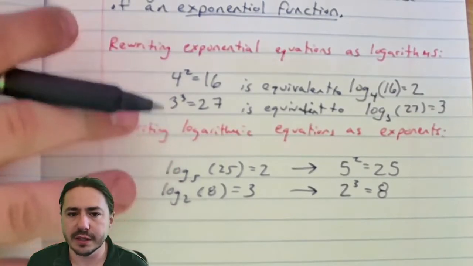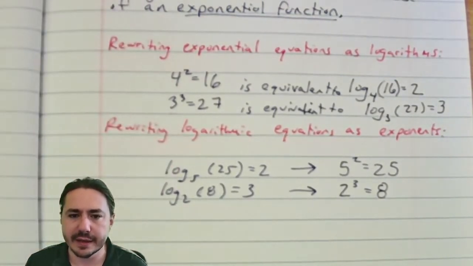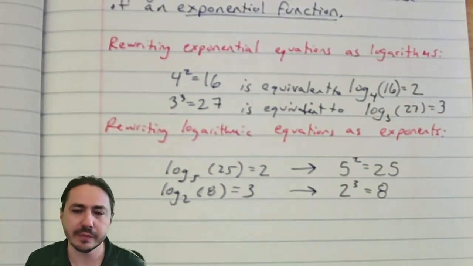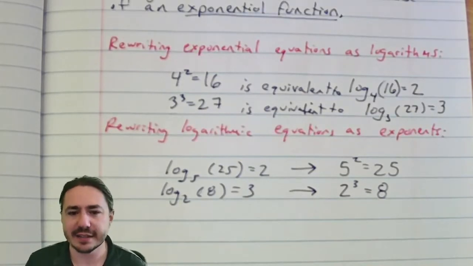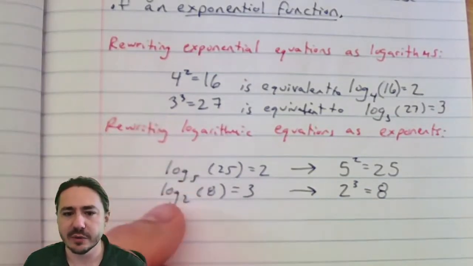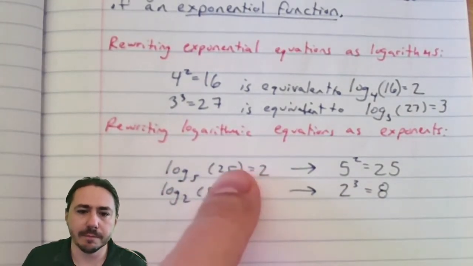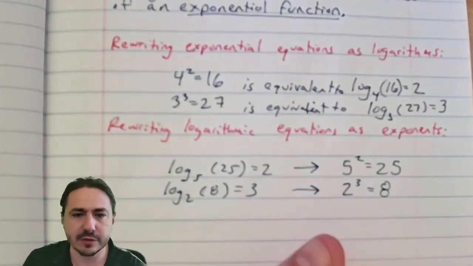But what I want to get into before we start doing a bunch of practice here is there are two special logarithms. So logarithms that have a very particular base that we write in a slightly different way. So instead of writing log, base, argument, exponent, they're just written a little bit differently. So let's dive into those.